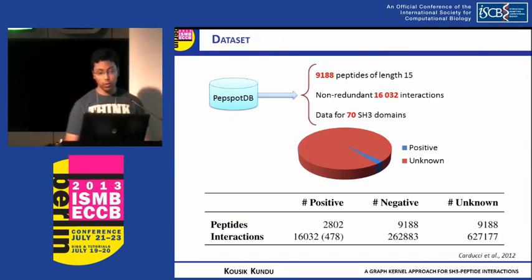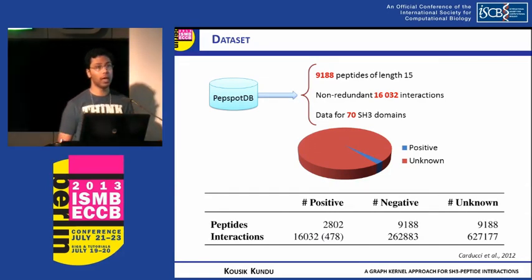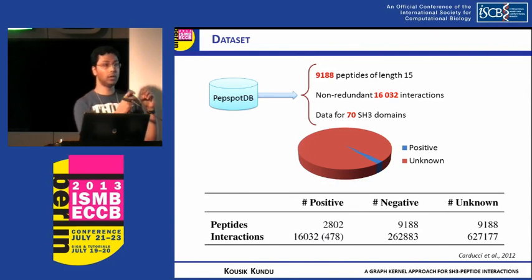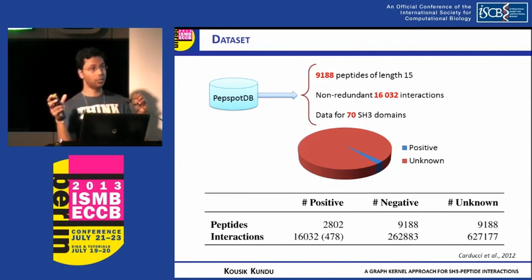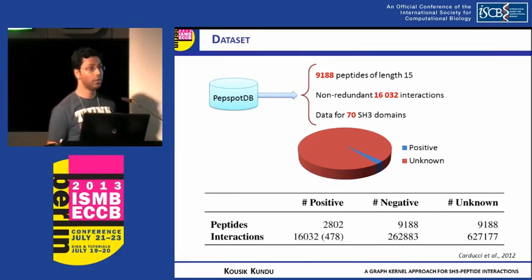Now the data set. We retrieved all the data from PepSpot DB, which consists of the chip experiment published by Carducci et al. last year. We found the interactions of 70 SH3 domains and almost 9,000 peptides. In a chip experiment, with 70 domains and 9,000 peptides, the possible interactions would be more than 650,000.